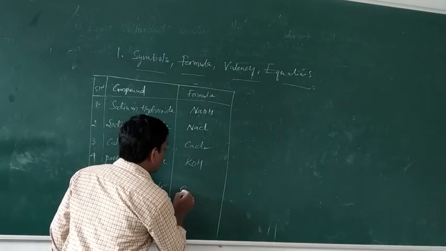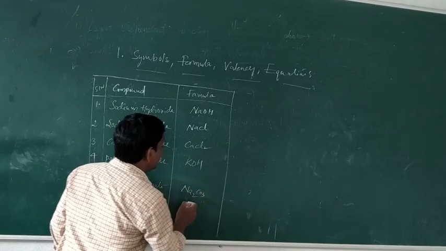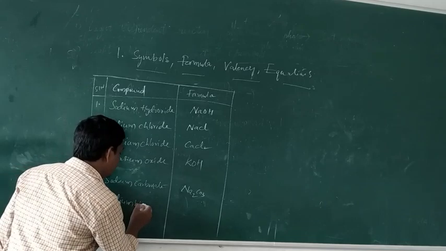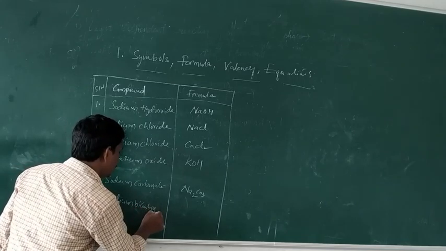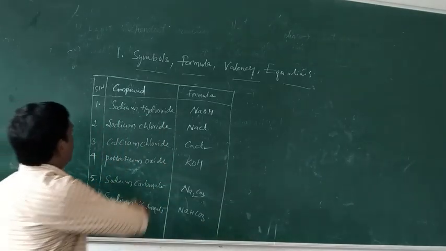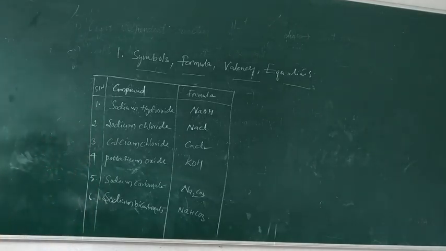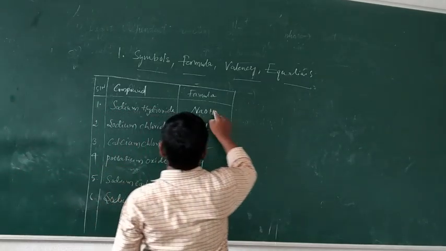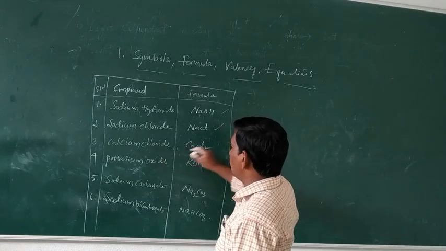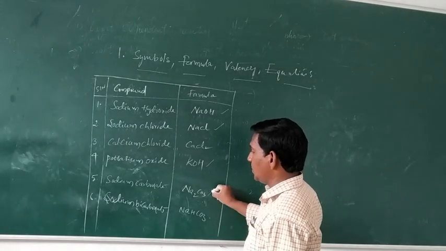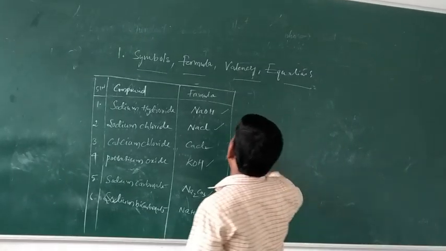Sodium carbonate, Na2CO3. Sodium bicarbonate, NaHCO3. So sodium hydroxide NaOH, sodium chloride NaCl, calcium chloride CaCl2, potassium hydroxide KOH, sodium carbonate Na2CO3, sodium bicarbonate NaHCO3.